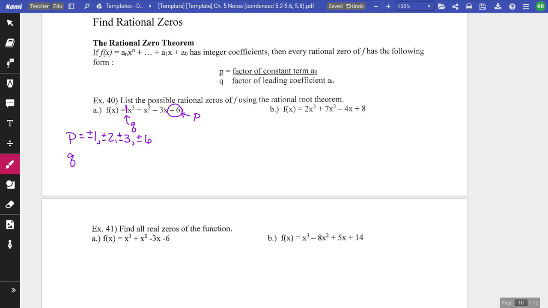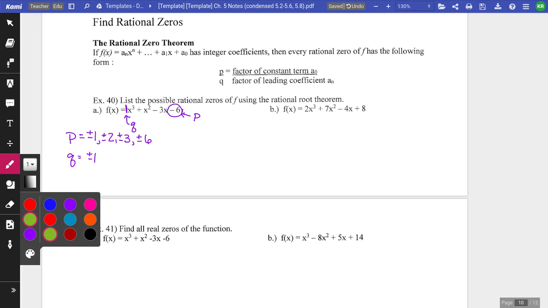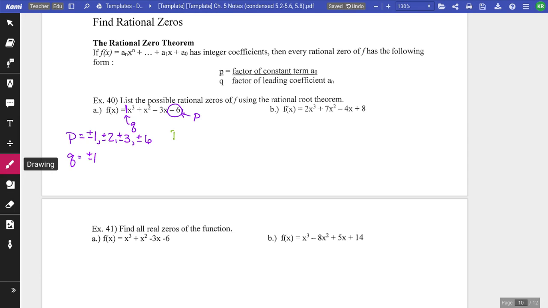Since Q is 1, the only thing that multiplies to give you 1 is 1 times 1 or -1 times -1. Now that we have our list of P's and Q's, we're going to divide them. So that's going to look like P divided by Q. We take our first P, plus and minus 1, and divide it by our Q, plus and minus 1.